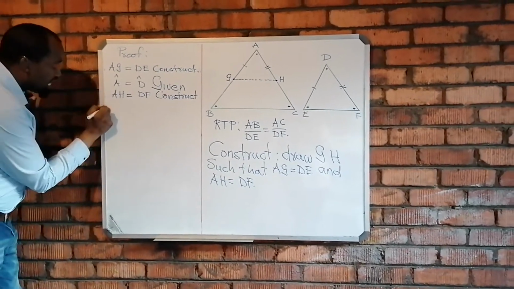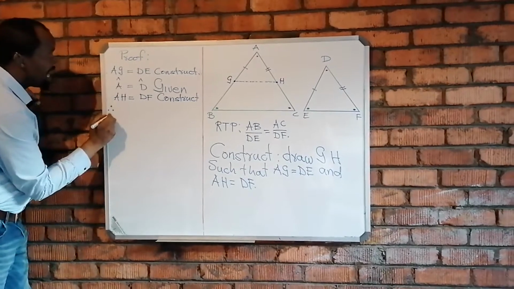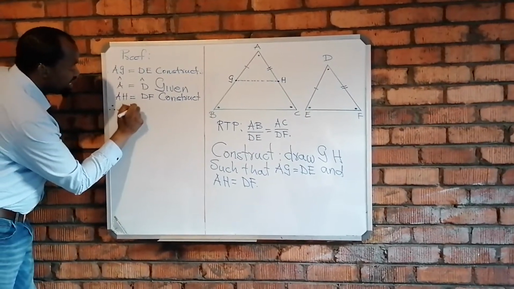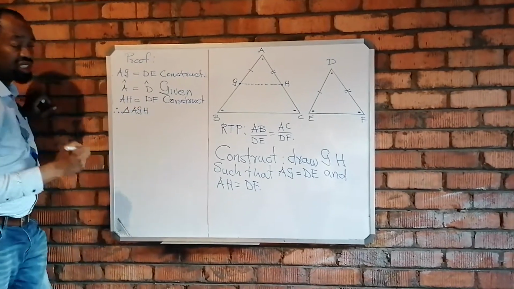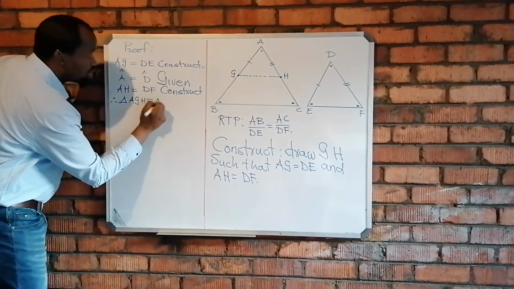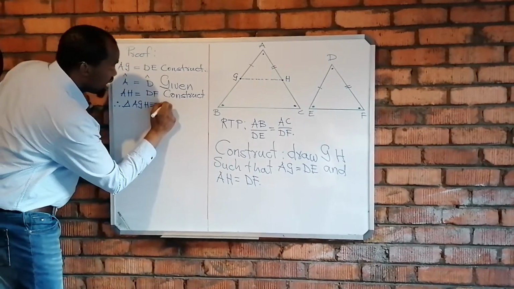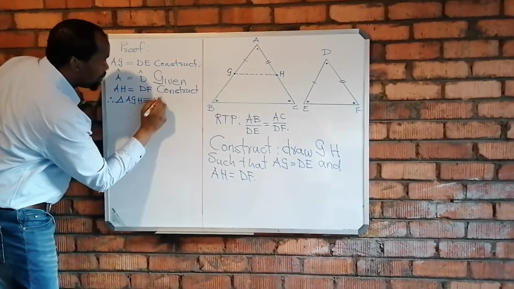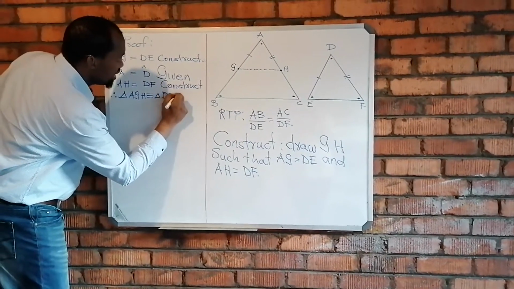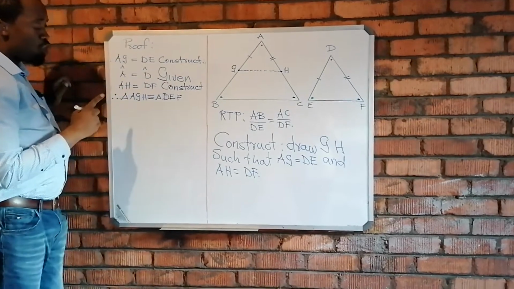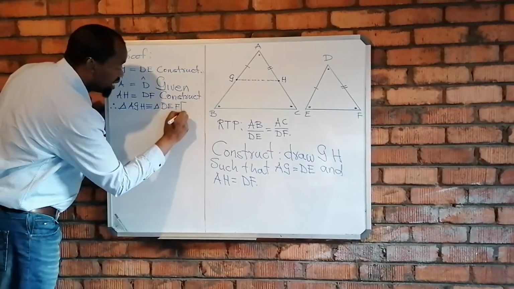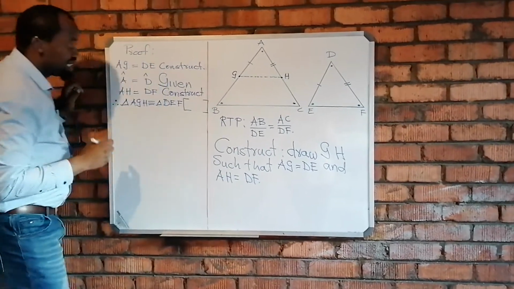Now, from these three statements, I can conclude that, therefore, triangle AGH is now congruent to triangle DEF. Why are the two triangles congruent? Coming up with a reason.